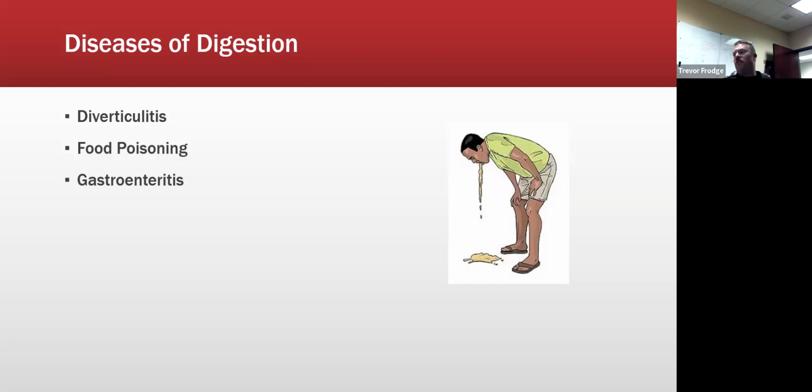They typically present with vomiting, diarrhea. If anyone's ever had food poisoning, you know how terrible that is. And then gastroenteritis, which is nothing more than inside belly inflammation. It's the blanket term for abdominal pain. So diverticulitis, food particles stuck in the abdomen, food poisoning, and then gastroenteritis.